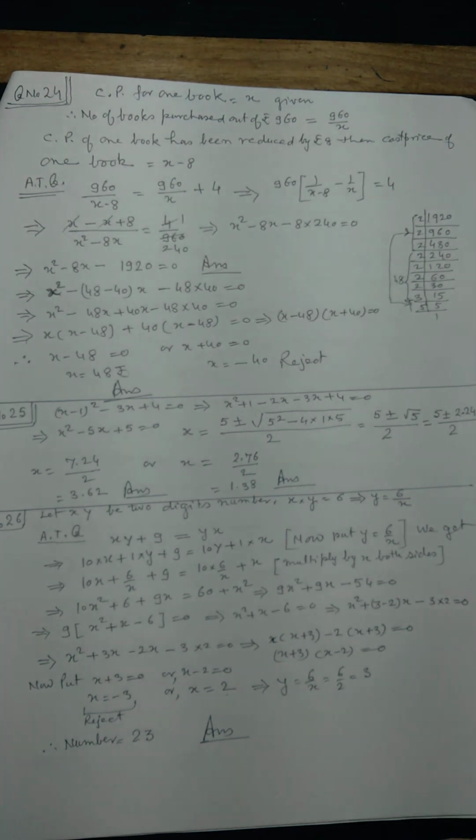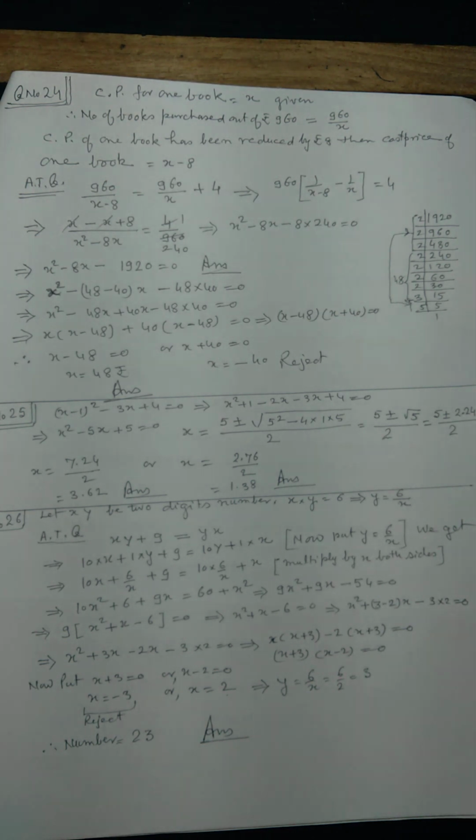Let us start question number 24 of self-evaluation, chapter 5 of ICSE class 10th. The question is like this: a shopkeeper purchases a certain number of books for rupees 960.